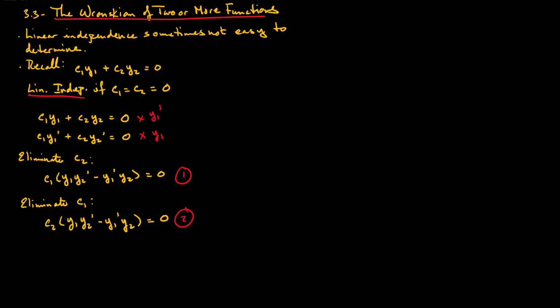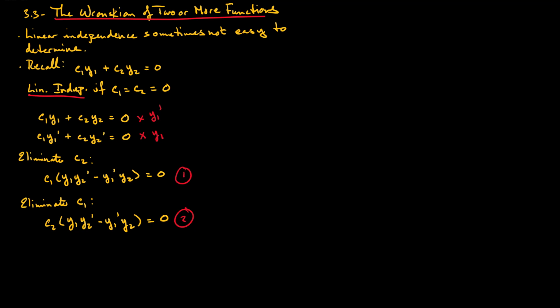Now notice that the bracketed term in both equations is the same. If this factor is not 0, then the only way these two equations can be satisfied is if c1 is equal to c2 and both of these are equal to 0.